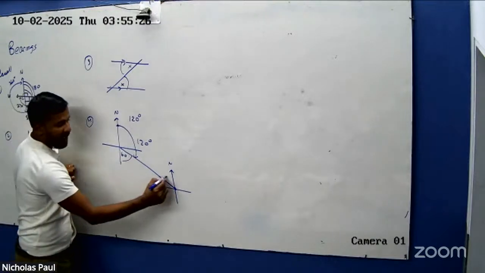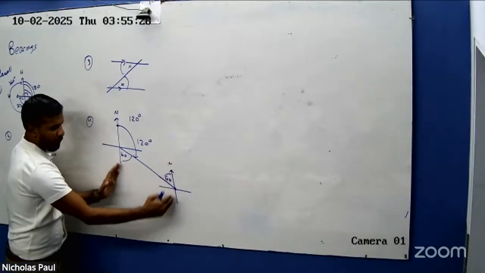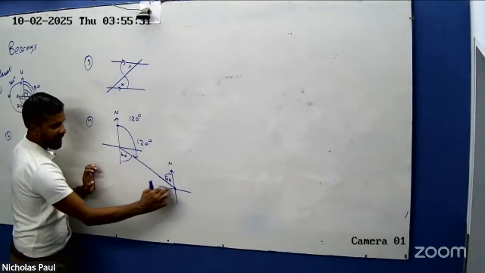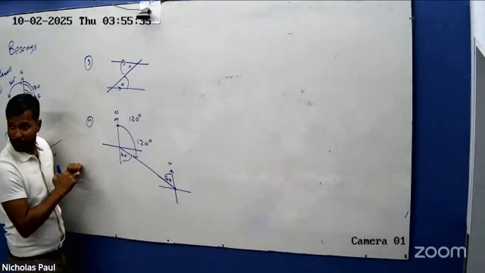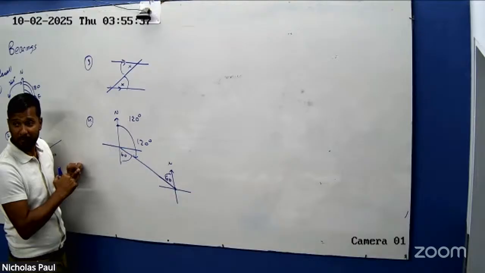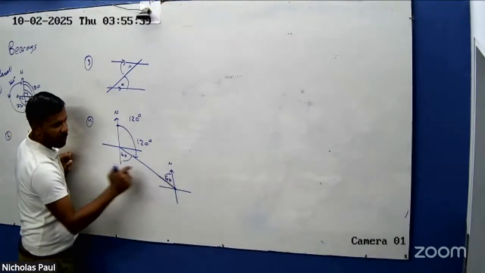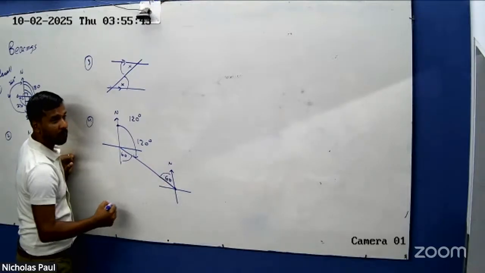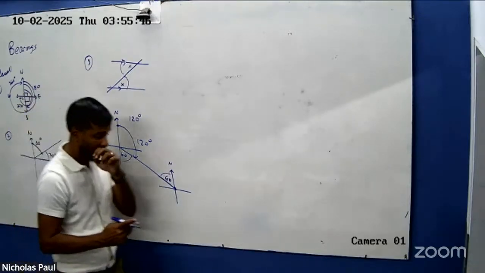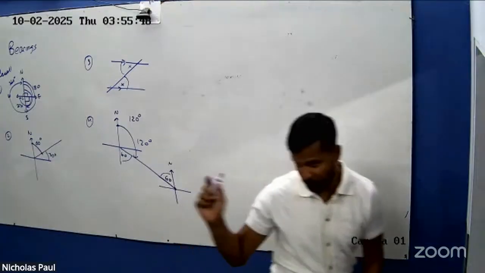You're seeing why? These two are parallel and they form the little Z here. They form the Z. So here and here are equal.